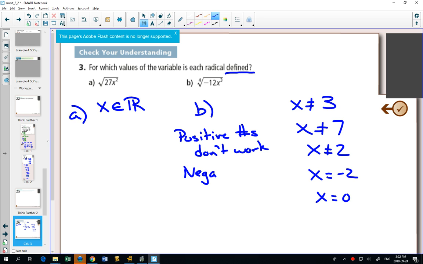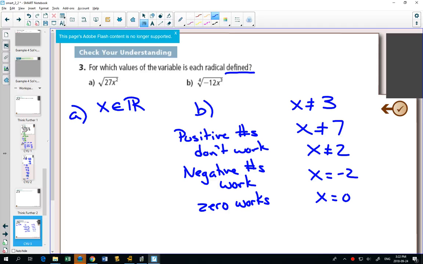Negative numbers work, and 0 works. And this is often a very good strategy for thinking about the domain or where a radical is defined. Think about positive numbers, think about negative numbers, think about 0.